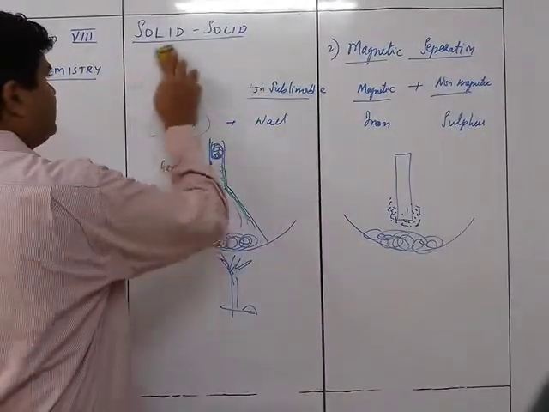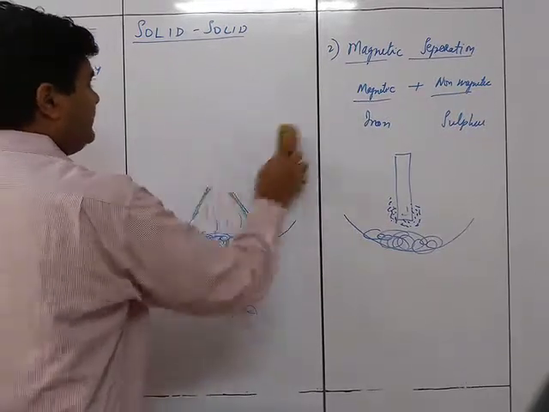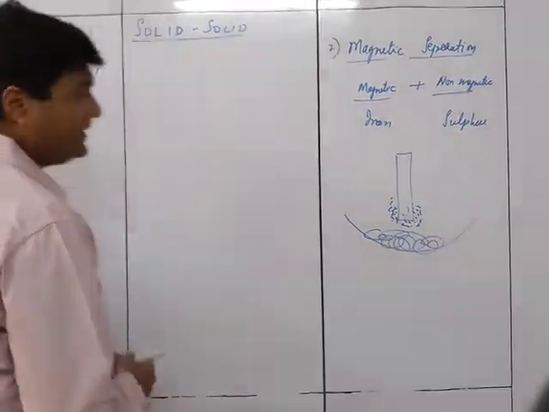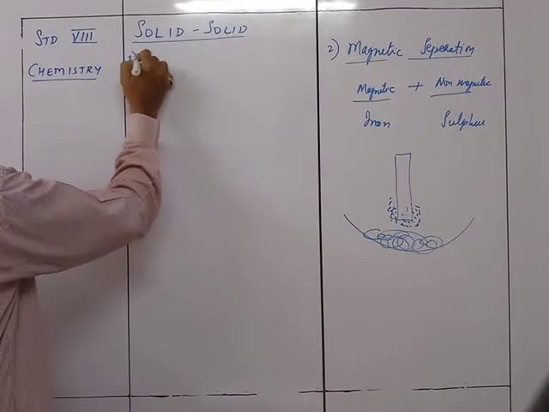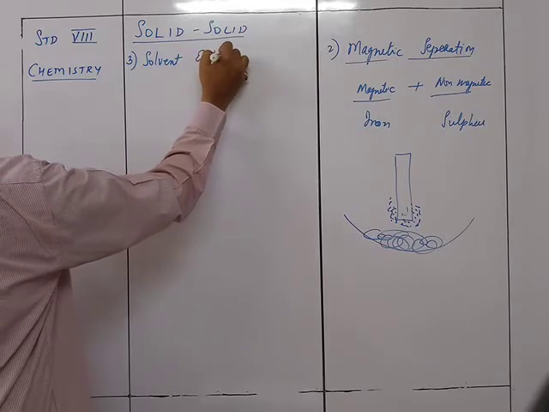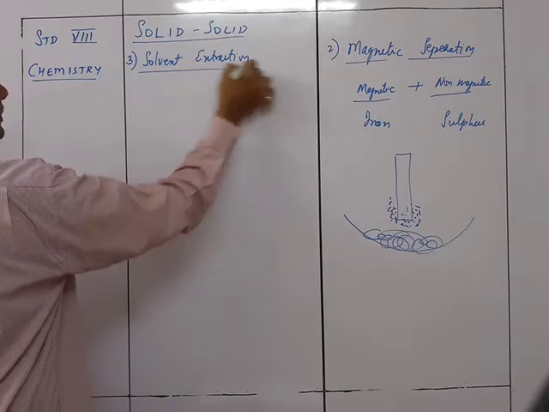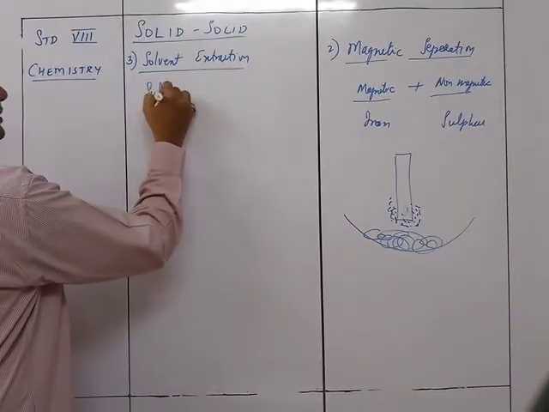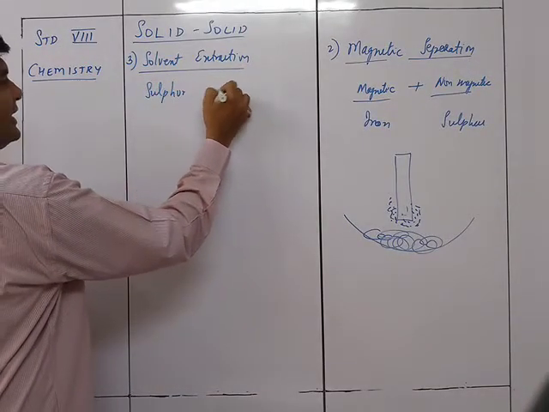It is the process in which one of the components is soluble and the other is not soluble. The example here is sulfur plus charcoal.